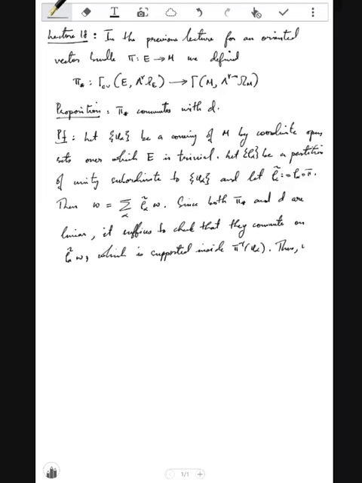So thus we may assume M is equal to R^m and E is equal to R^m cross R^n. As before, we need to consider two cases.